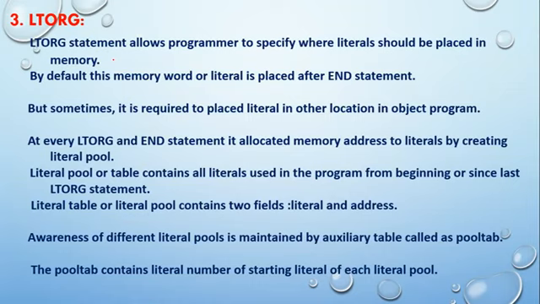Now actually we can consider different types of literals in your assembly program. Literal value should be represented with the help of equal to, and we can consider here a single quote. We can pass the value here, suppose 5. Okay, this is nothing but the literal. Equal to and the corresponding value should be considered as the literal value in your assembly instruction.